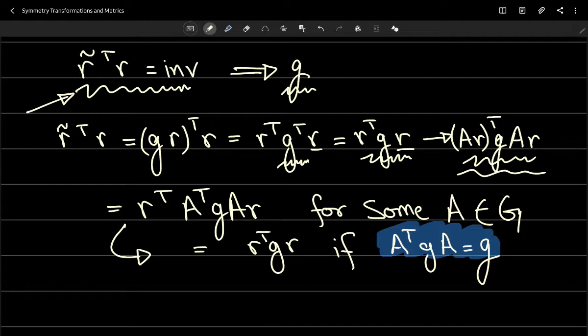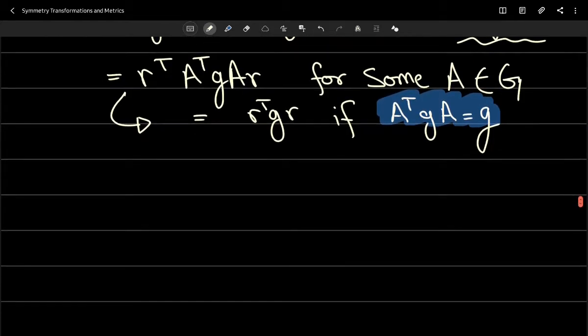Now, the important lesson in all of this was that if we have some representation R of a group G, then forming a dual representation, that is R tilde, with the matrix G will give us an invariant, right?